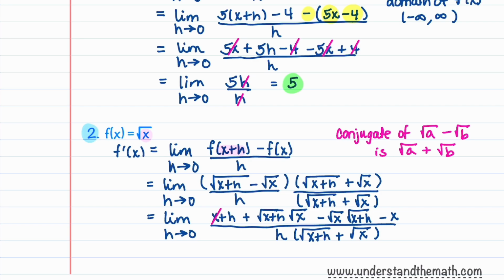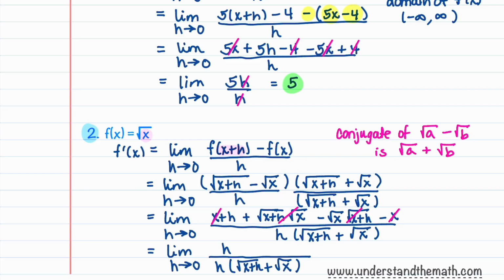Now let's see what cancels. We have an x that cancels, and then these terms with the square roots cancel, which is really nice. So let's see what we have left. This is the limit as h goes to 0 of h on top, over h times the square root of x plus h plus root x.